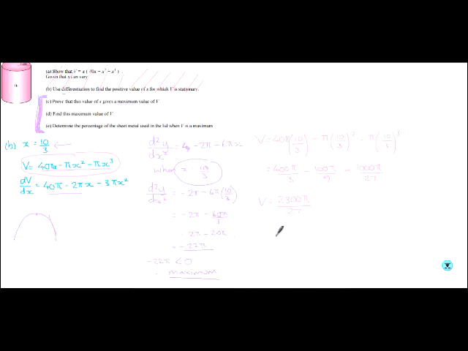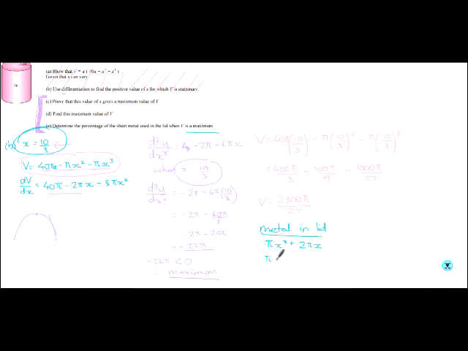I'll just write it from the previous video. So we talked about the surface area, the metal in the lid, and we said that was pi x squared, so the area of the circle, plus that small curved surface area, which was this. But what it means by when it's the maximum, we're taking this value here again of x and pop it in here.